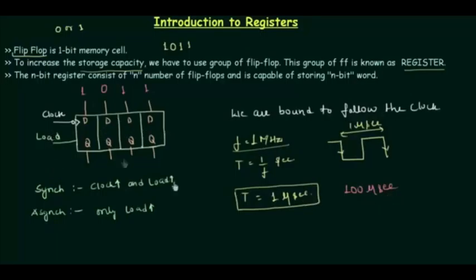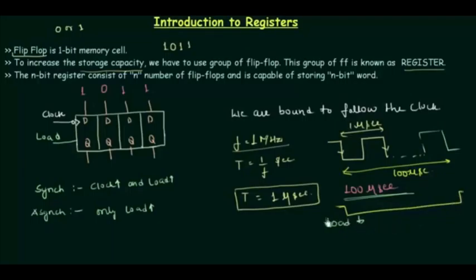So what I will do, if I want to store a particular data 1011 for 100 microseconds, I'm going to make this load low for 100 microseconds. Like this is the clock, and let's say this time is 100 microseconds. So I will make my load low for this 100 microseconds.